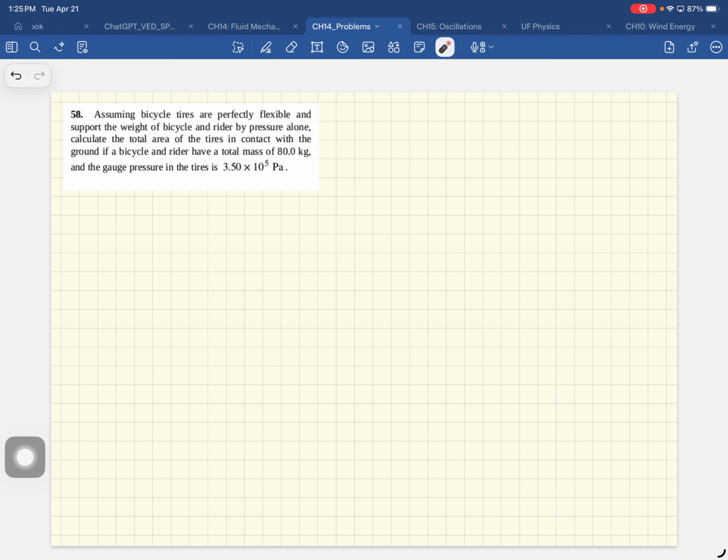So those are the forces. And what is the force of air? It's this pressure, and there's atmospheric pressure acting this way. So the force of air, which needs to equal mg, is absolute pressure minus atmospheric pressure times the area in contact.